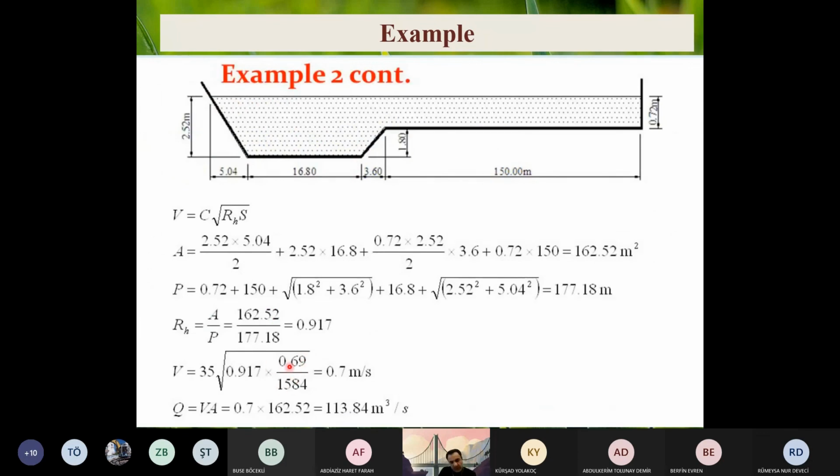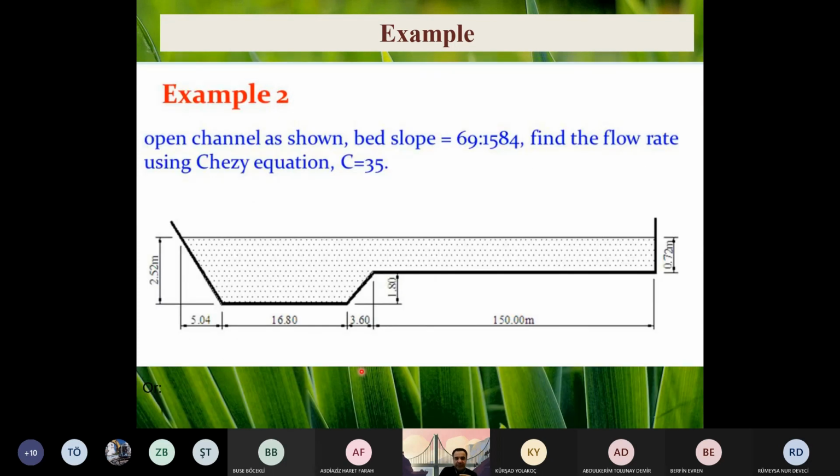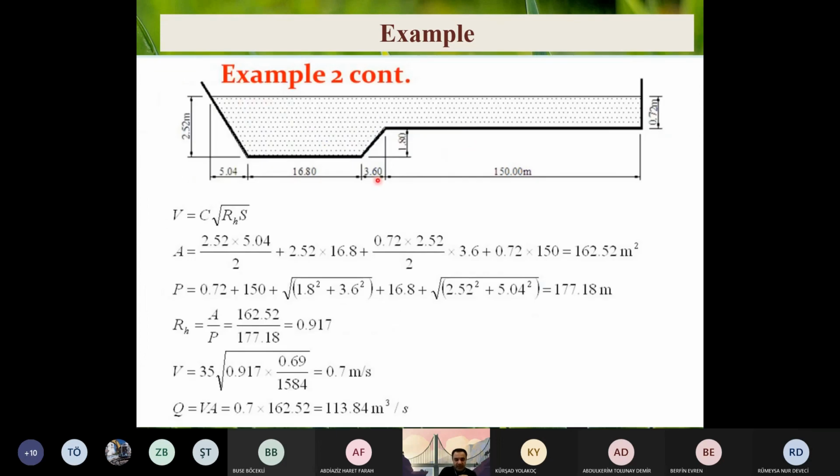Maybe you can check at home. Maybe this decimal point should not appear here. We can calculate without it. If it is there, it gives you this answer. We should correct them here, otherwise this one should be corrected. Anyway, it gives you S0, already given. The question gives you that, and you have velocity, you have area. You can calculate the discharge.